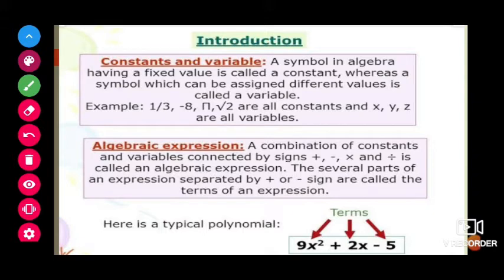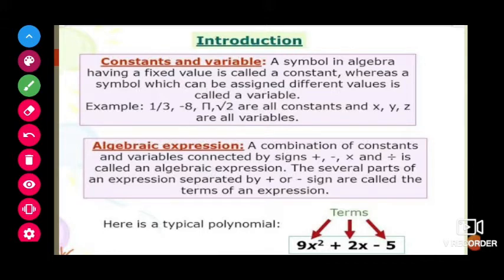Next one is algebraic expression. Before getting into algebraic expression, first we will see the term, which is in between the expression and the constant and variable. What is meant by a term? It may be a variable, it may be a constant, it may be a combination of both. Combined form of both means multiplication of both, and that is called a term.